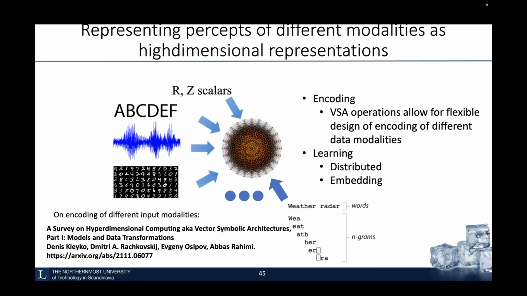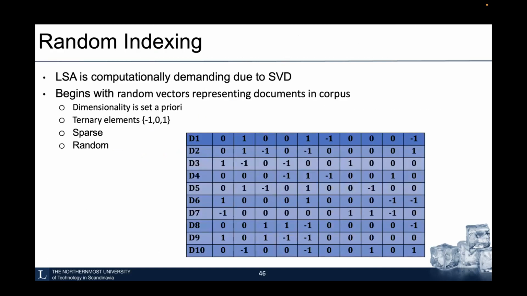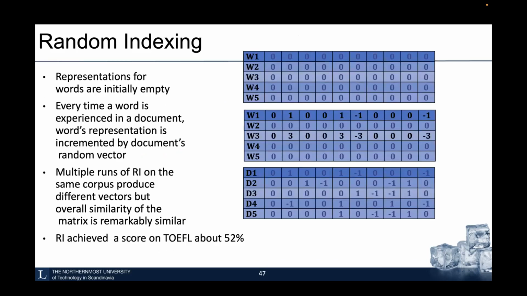And that's what is going on also with random indexing in lab 2. You remember, the plain random indexing is about creating embeddings for each word based on the count of this word in different documents.